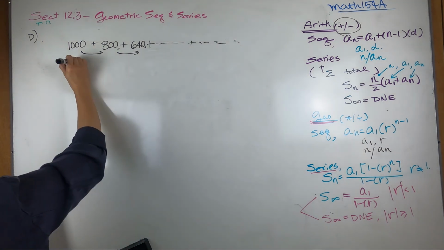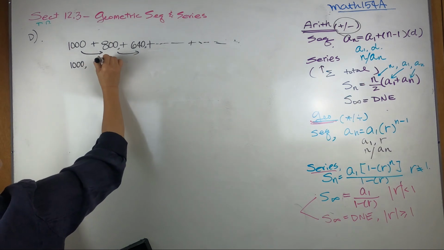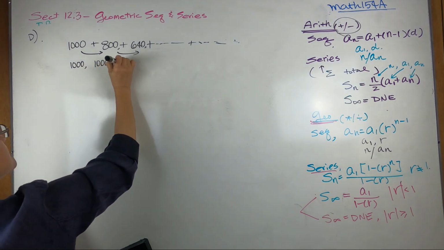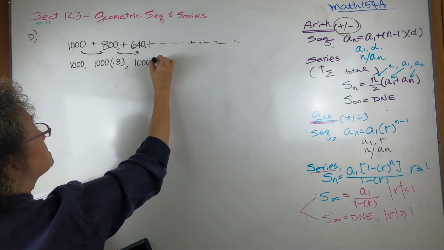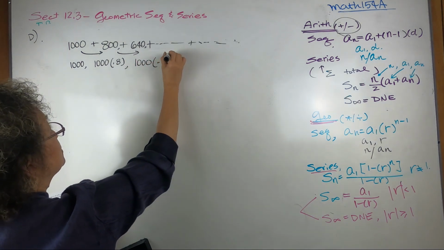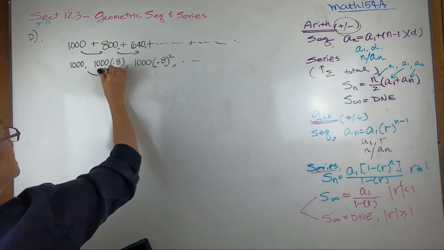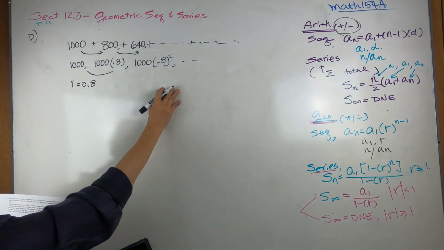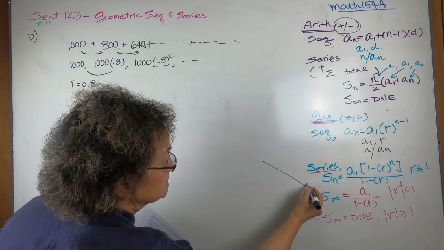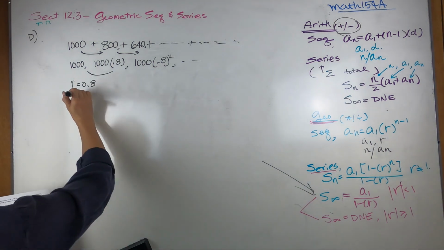So what we are doing is, the first one is 1,000, the next one is times 0.8, right? And the next one will be 1,000 times 0.8 squared, right? So your R is 0.8. Then what we want to find is the infinite series, right?